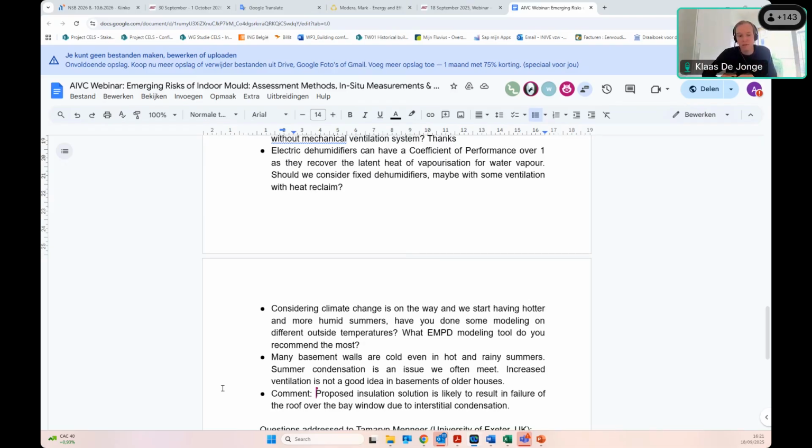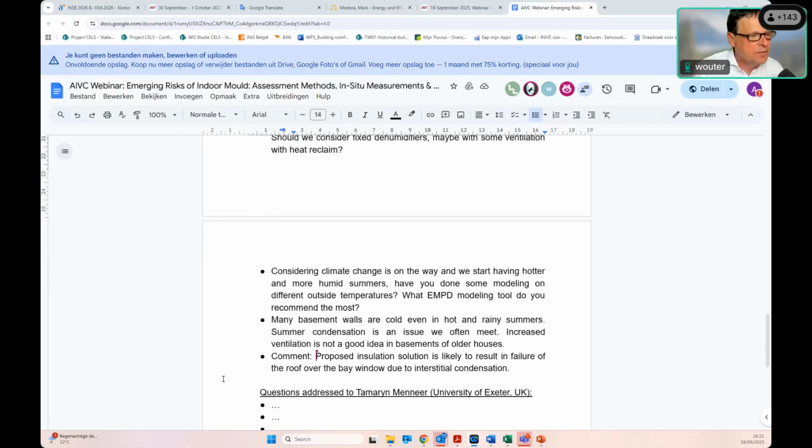So I don't think we need to take a step to active dehumidification unless there's an issue. Yeah, I can imagine that in certain climates you have to do it, in certain parts of the United States, but in our more Western climates, maybe we can do without.